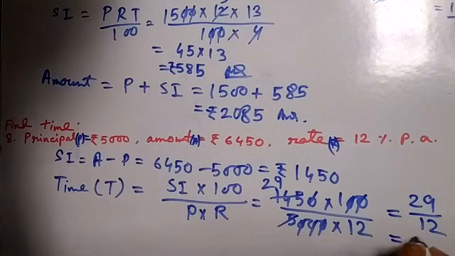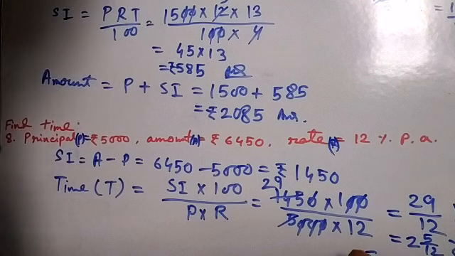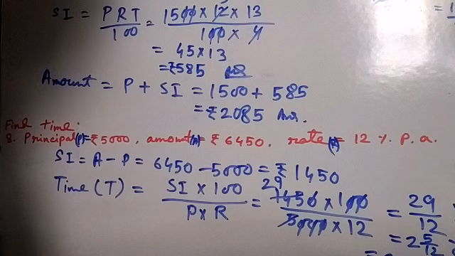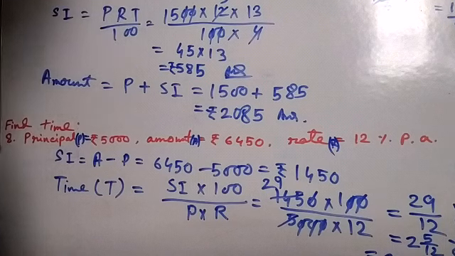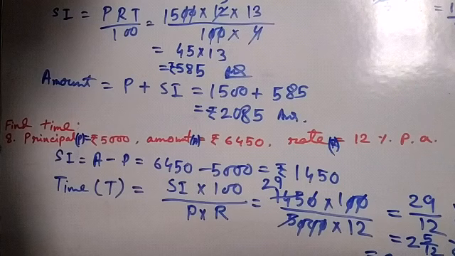Then 12 2s are 24, that is year. So it can be transferred into mixed fraction. 12 2s are 24, then 5 by 12 year. Then this 2 years, and this 5 by 12 into 12 can be transferred into months. So 12 can be cancelled. So 2 years, 5 months. That's the answer.